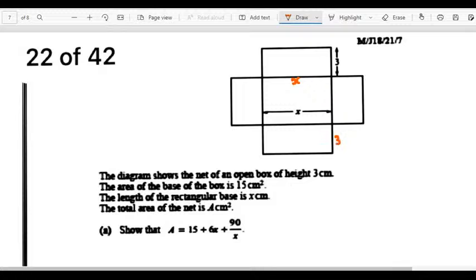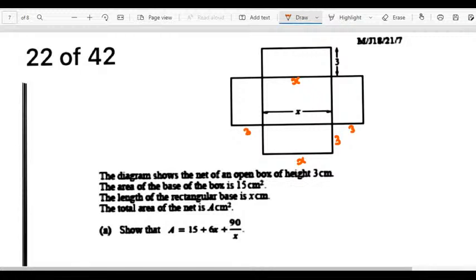This would also be 3. This side is x, and the height of the box is 3. Okay, so that is given. So if that is 3, this would also be 3. This would also be 3, right?